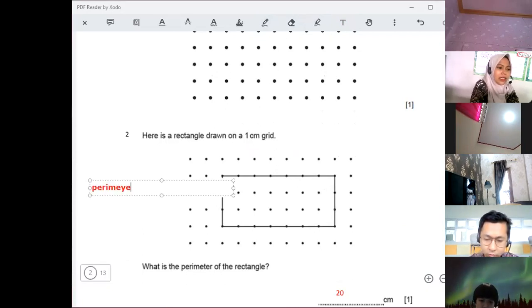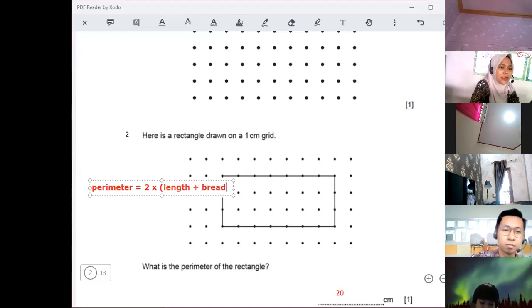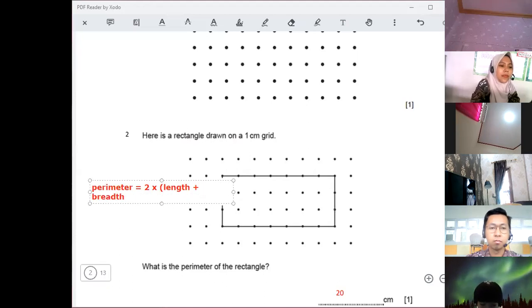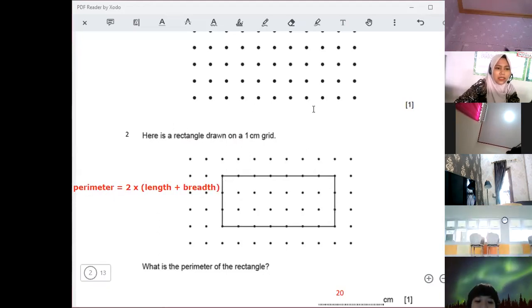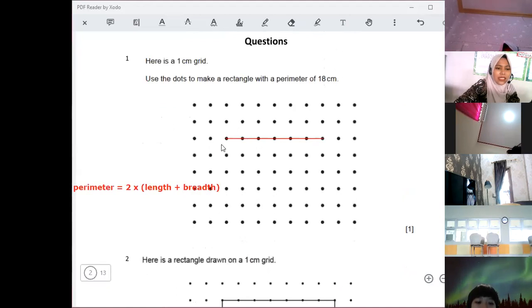Perimeter is 2 times the length plus the breadth. So if this is 2 times, you can write 18 divided by 2 is the total of length and breadth.